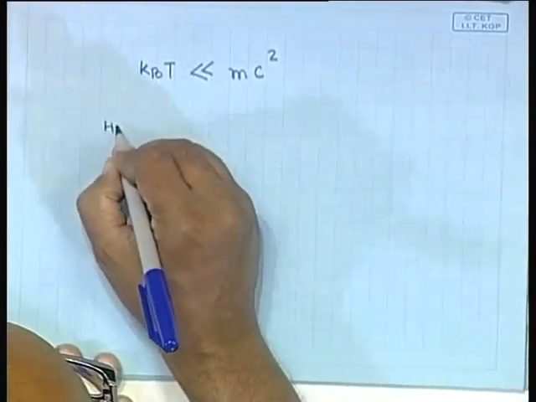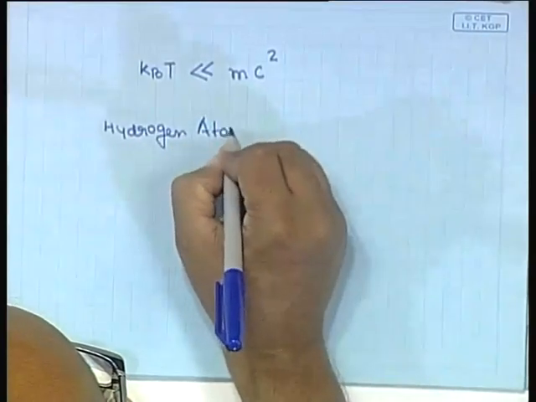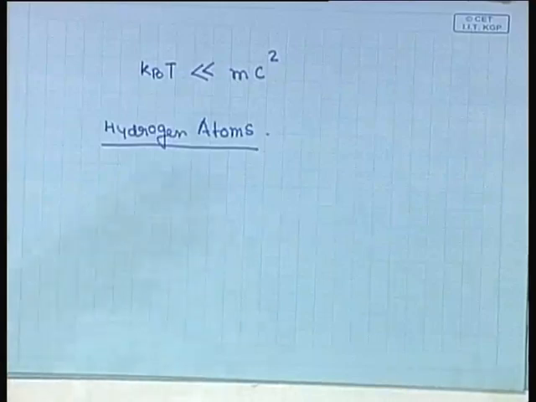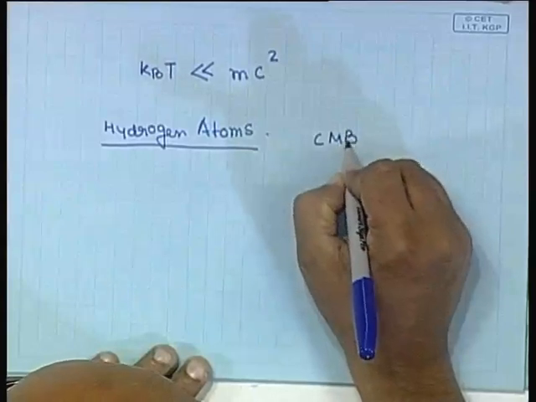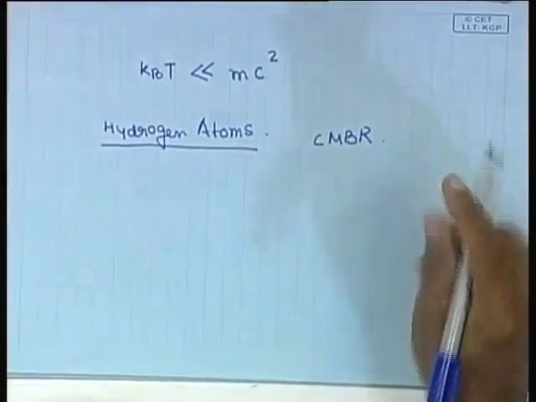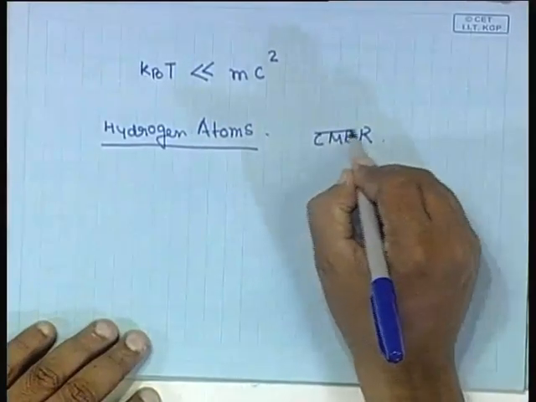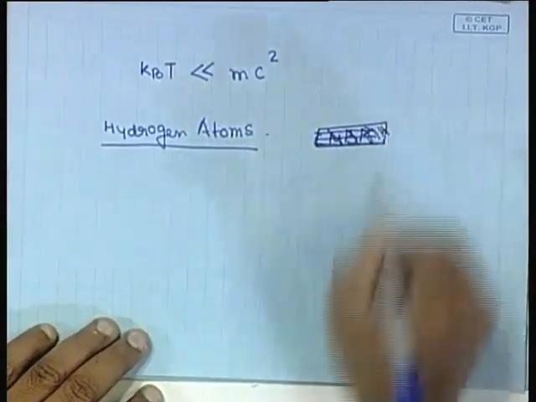which satisfy this. For example, hydrogen atoms. Not in equilibrium with the CMBR, the cosmic microwave background radiation, but hydrogen atoms in thermal equilibrium with each other; the CMBR does not come into the picture.